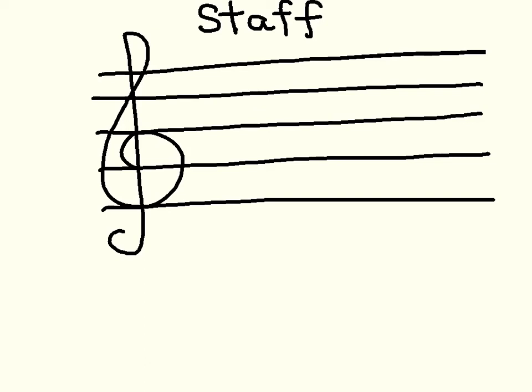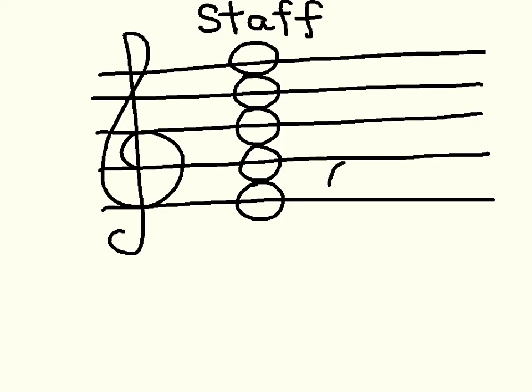The line notes begin on the bottom first line and proceed upward, and they are lettered as E, G, B, D, and F. Every good boy deserves fudge, or Ernie gave Bert dead flowers.